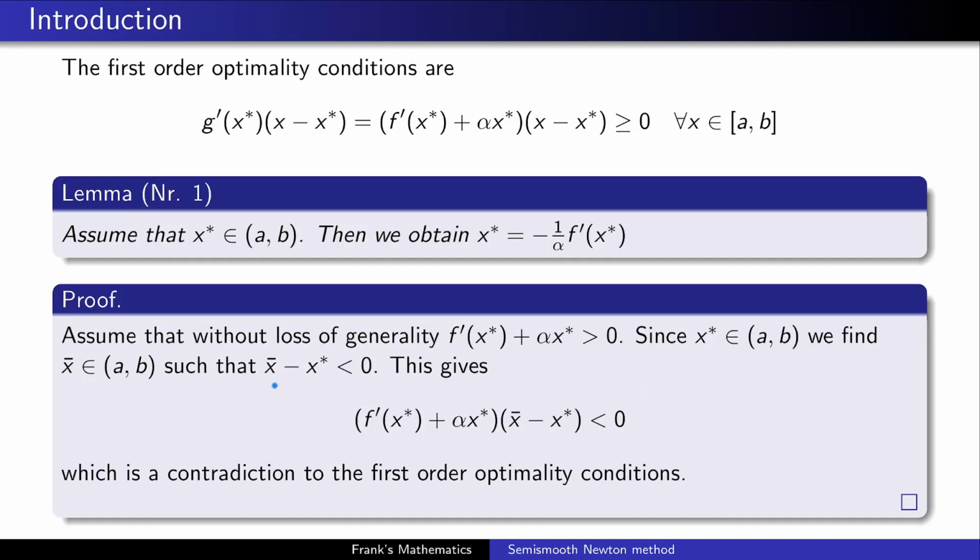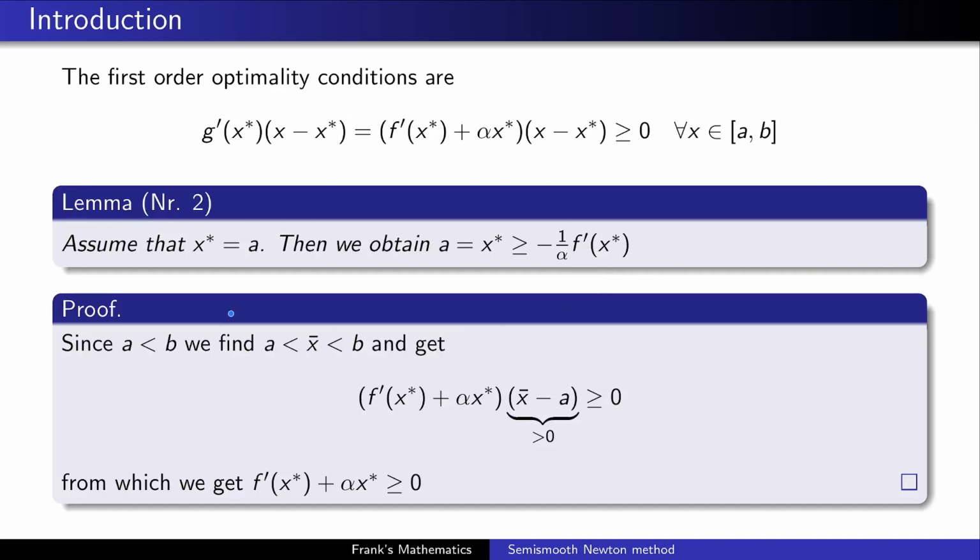But if we multiply x bar minus x star with f prime plus alpha x star, we see immediately that this is less than 0. However, this is a contradiction to our first order optimality condition, because this term must be greater or equal to 0. So this shows that our lemma is proven, and we know that for this case x star can be expressed as minus 1 over alpha times f prime of x star.